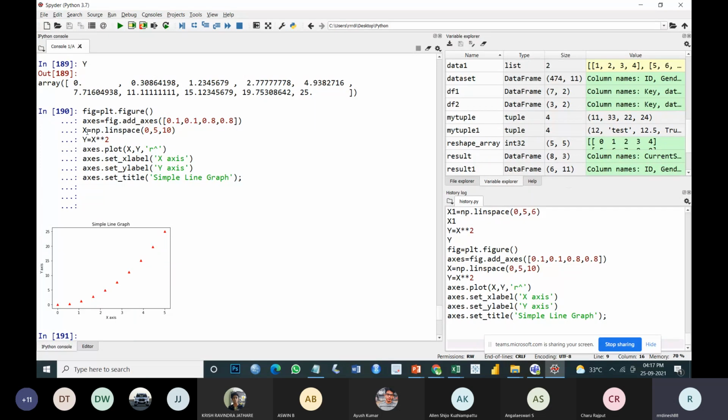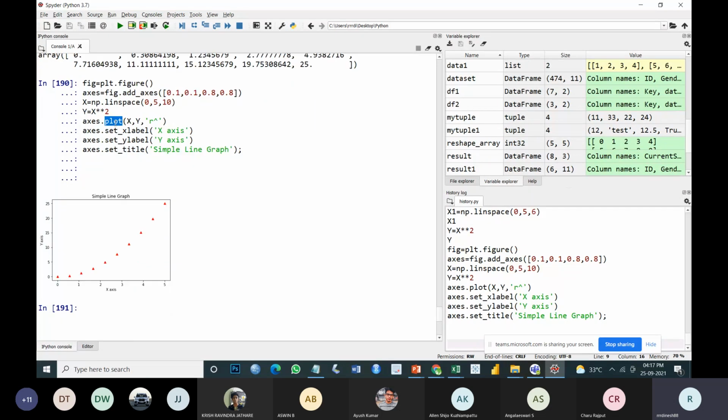Then plot is a function name for line graph. x comma y, r means red color line. Then xlabel is x axis, ylabel is y axis. Title, it is simple line graph. Okay, this is line graph.